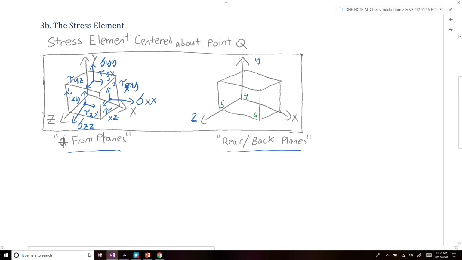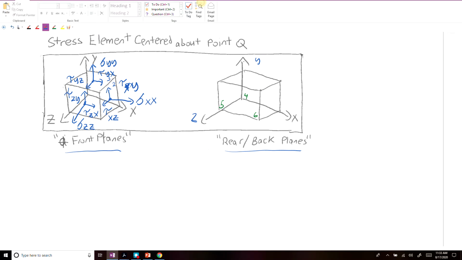You can repeat this process for the rear and back planes of the element.